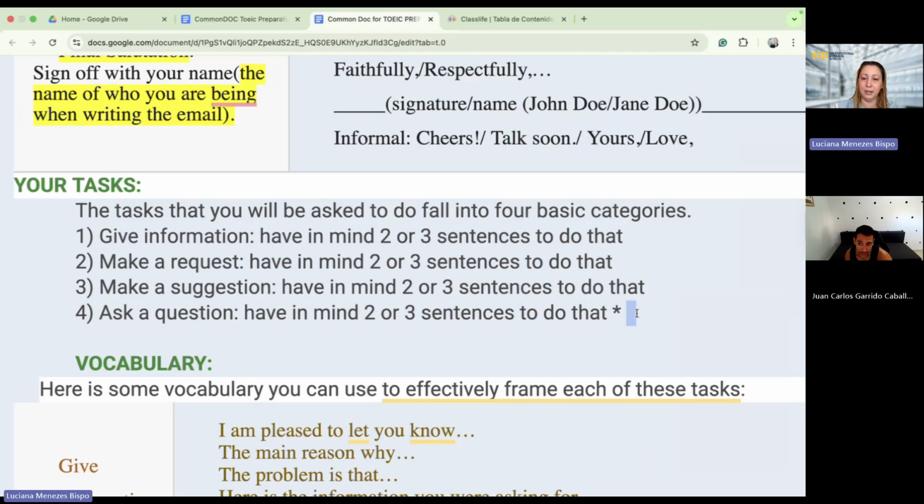Do you think it's necessary to have these sentences written one after the other? No, because you make a request or a suggestion, not all of them. Do we need to say this and this and this? No, just one of these 2 or 3 would be enough, right? I think so.